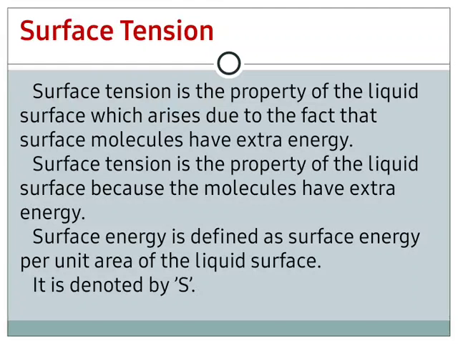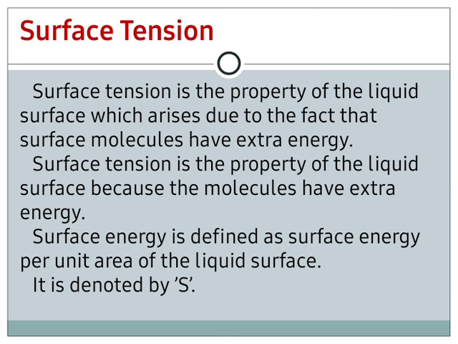Next one is surface tension. It is one of the most important topics from this chapter. What is surface tension? It is the property of the liquid which arises due to the fact that the surface molecules have additional energy.